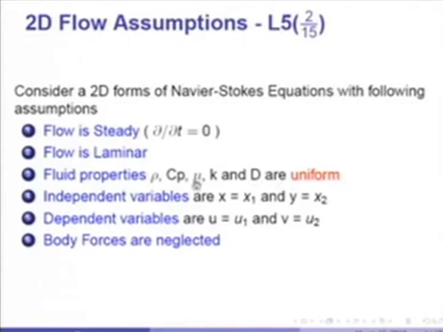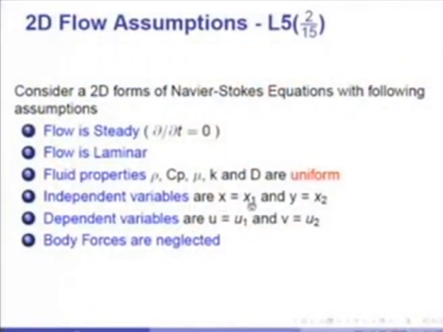You will recall mu arose out of Stokes's stress and strain laws, k arose out of Fourier's law of heat conduction, and D arose out of Fick's law of mass diffusion. We are going to say that they are all uniform. That means they do not vary with position in the flow, and therefore, for all practical purposes, they are constants in space.